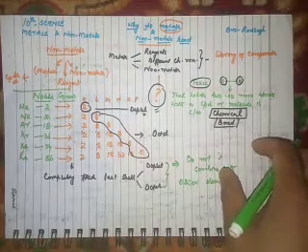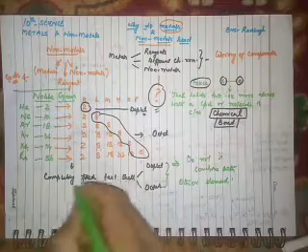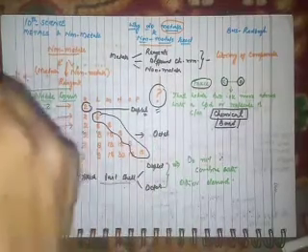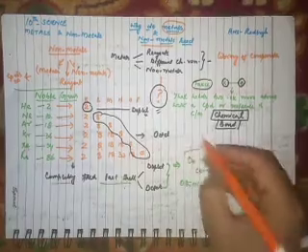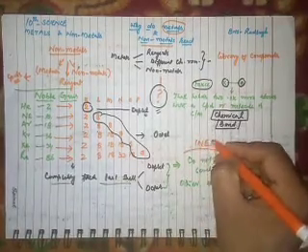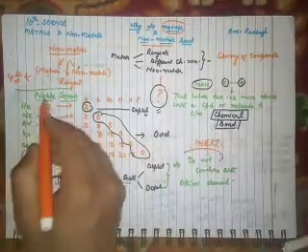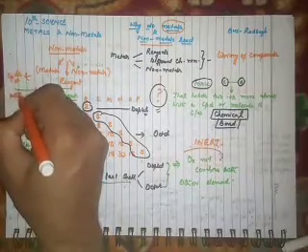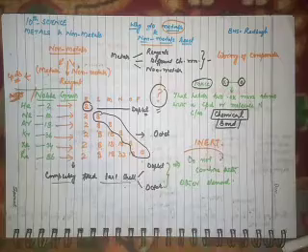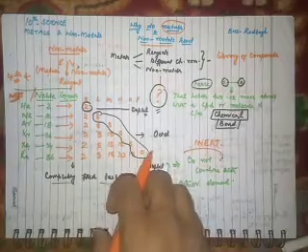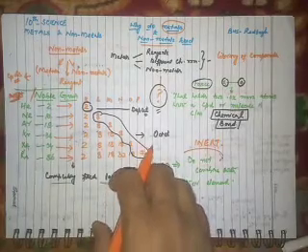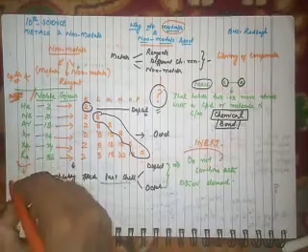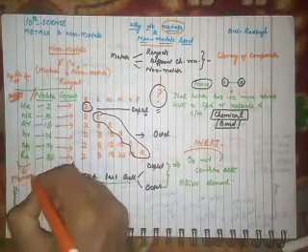The reason is that they have a completely filled last shell. So we can say these elements are inert. That is why these noble gases are also known as inert gases. Inert means they do not react, they are chemically unreactive, and that's why they exist as monoatomic gases.